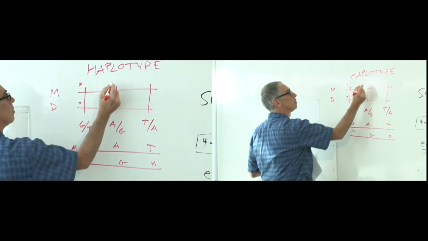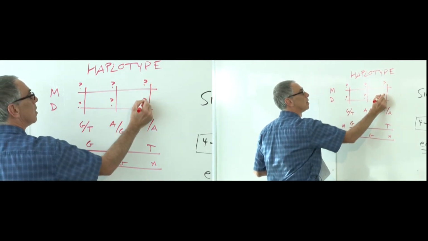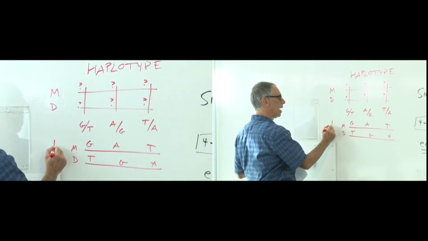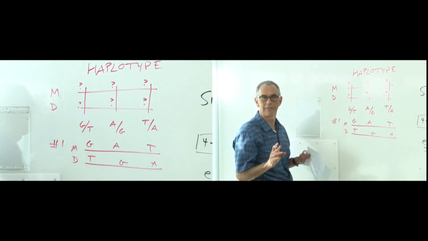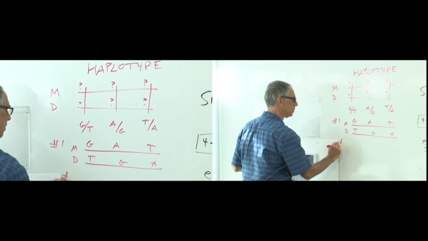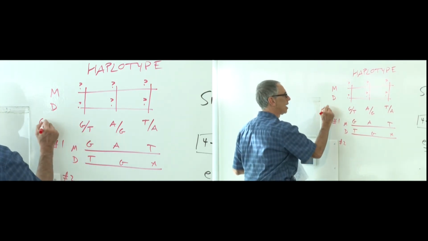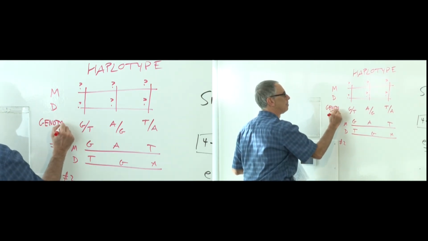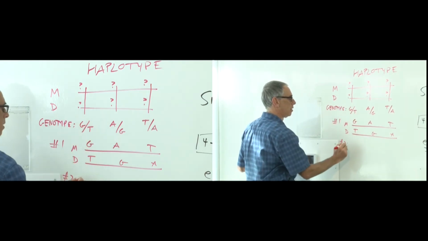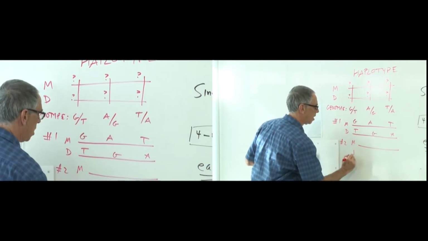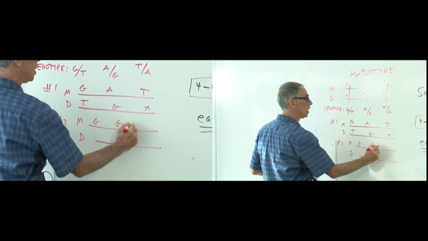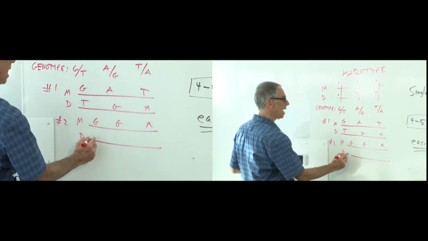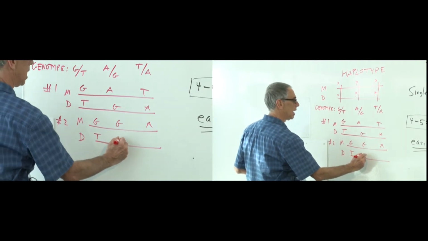It's not clear here, so I'm going to put question marks. That's one possibility, possibility number 1. But as you now can see, there are several possibilities. Another possibility that would yield the exact same genotype, this is called genotype, is mom could have given you GGA, and dad could have given you TAT.